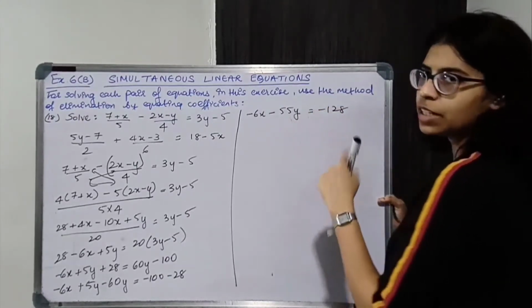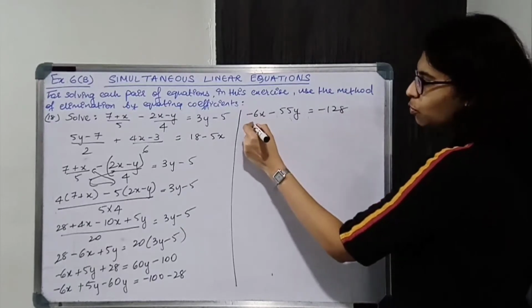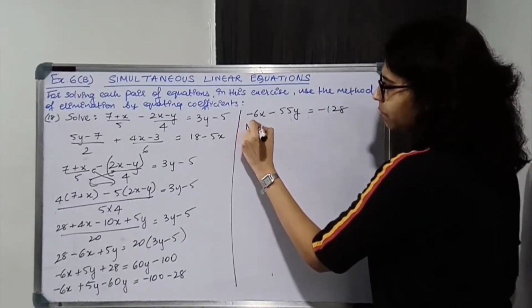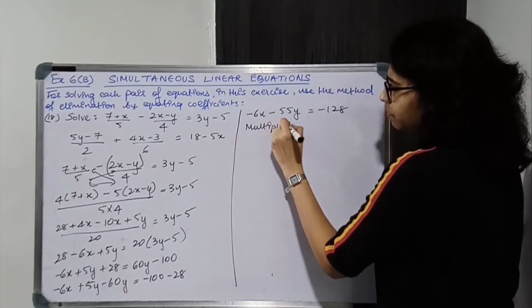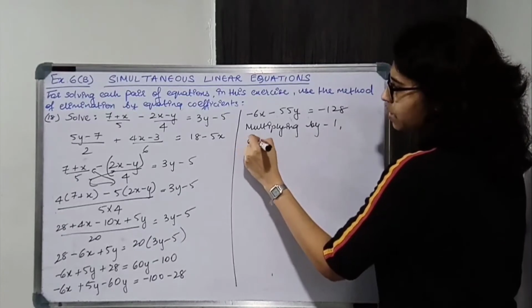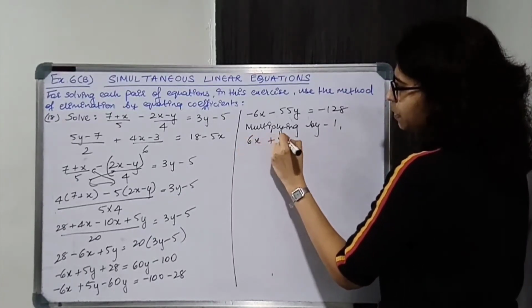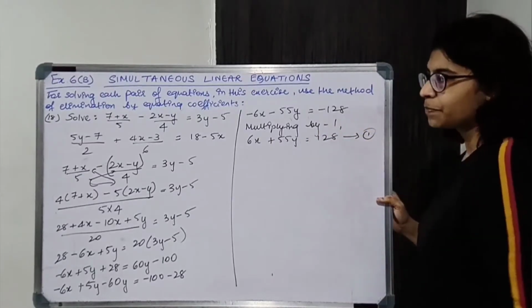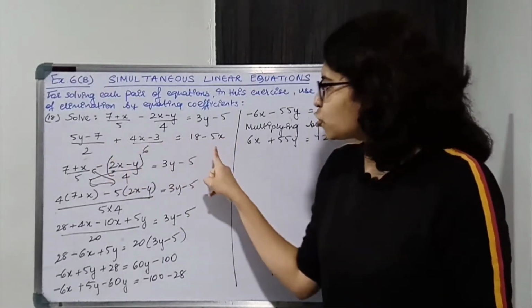All are negative, let's make it positive. So we'll multiply by minus 1. So multiplying by minus 1, it will become 6x plus 55y is equal to 128. Mark this as 1. Similarly, we'll find equation number 2.